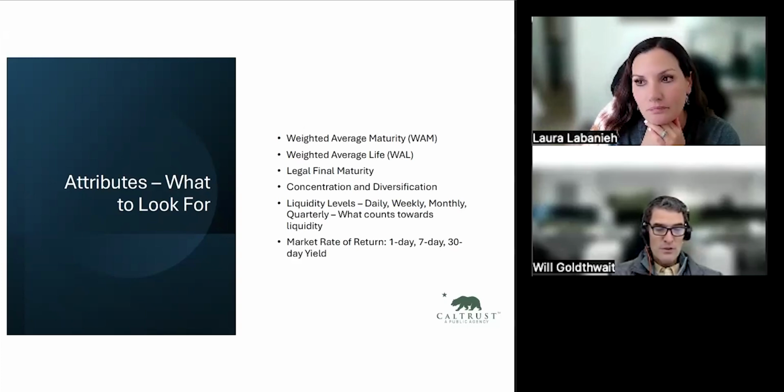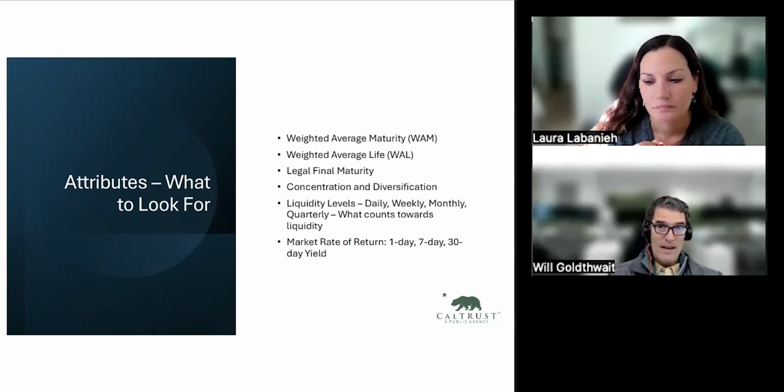And we don't view it as similar to a CalTRUST liquidity pool or other JPAs in the state of California that are able to continue to use amortized cost accounting, trade at a $1 NAV, and are not subject to liquidity rules. So I just want to emphasize that CalTRUST's liquidity pool and other liquidity pools like that in the state of California can continue to use amortized cost accounting.